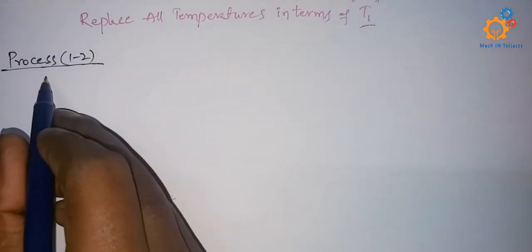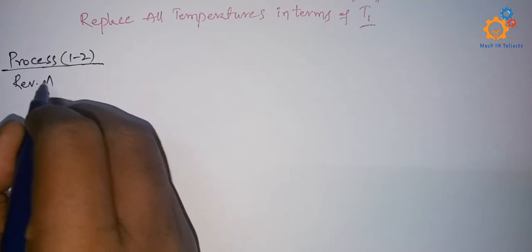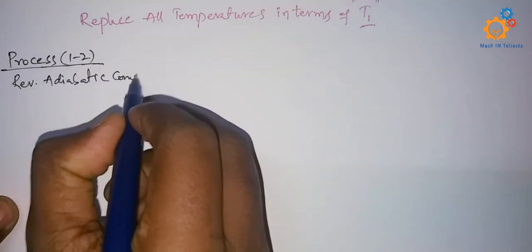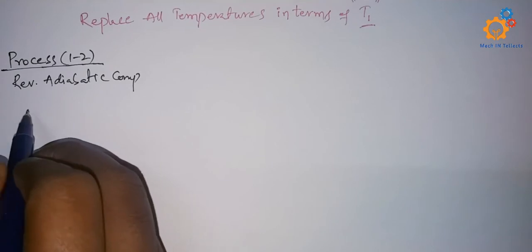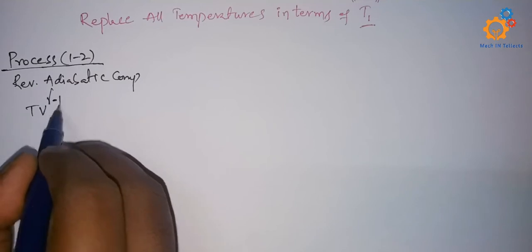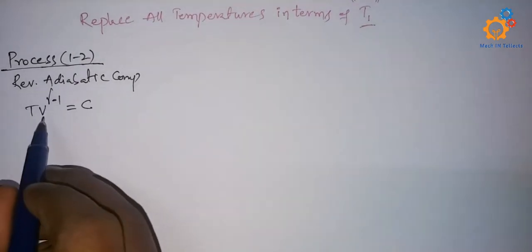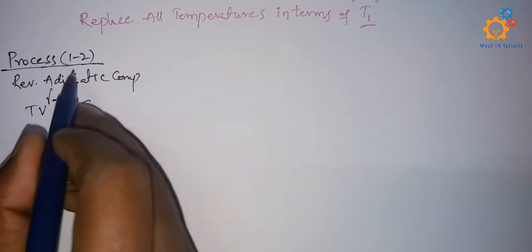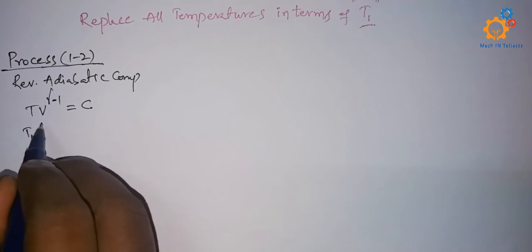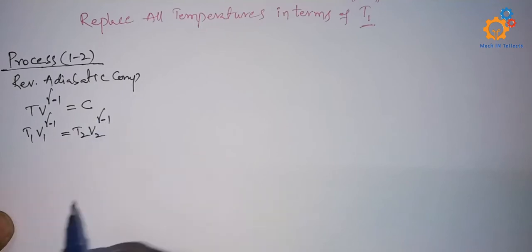So in process 1 to 2, it is reversible adiabatic compression, so I can use the relation of adiabatic process, that is Tv power gamma minus 1 is equal to constant. If you apply this relation to the process 1 to 2, you will get T1 V1 power gamma minus 1 is equal to T2 V2 power gamma minus 1.